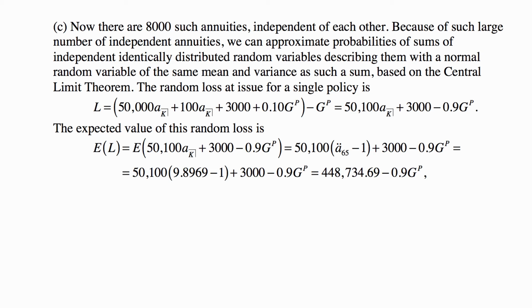And one very fundamental principle about approximation with the central limit theorem is this. You always approximate a sum of independent, identically distributed random variables. That's the core principle. It has to be a large number of them, so I would say at least 30. The more the merrier. With 8,000, there's no doubt that, yes, we can do that.